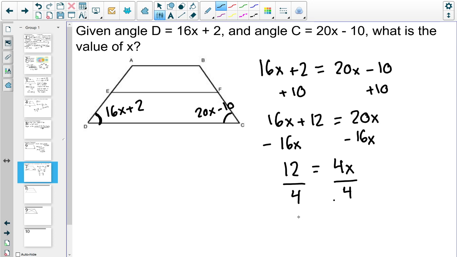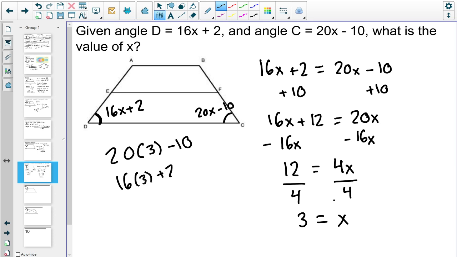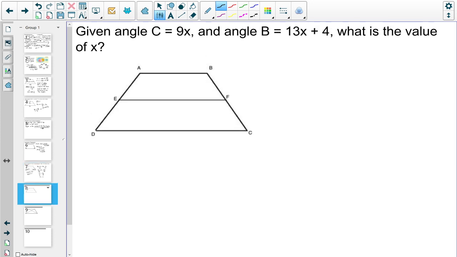And we're left with 3 being equal to x. And then with this, you can plug your x back into the 20x minus 10, and the 16x plus 2 to get to your angle measures. And you'll realize these equal the same thing.